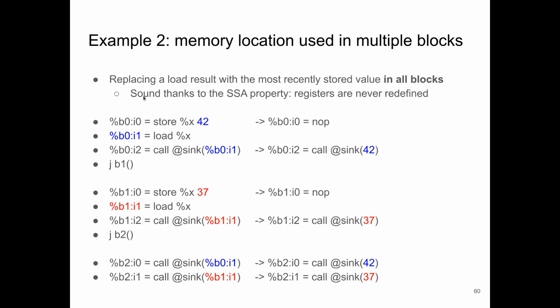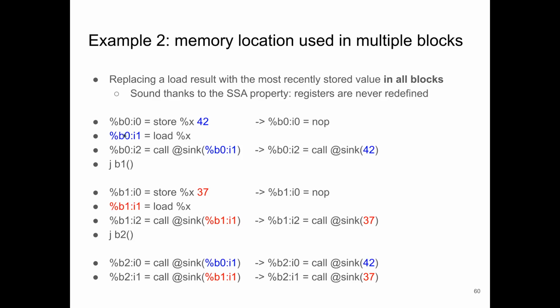So this is sound thanks to the SSA property here. This B0I1 is the name of the register that is defined only here, and this register can never be defined elsewhere. So you can see that once this load instruction is executed, the value of this B0I1 should never change afterwards.